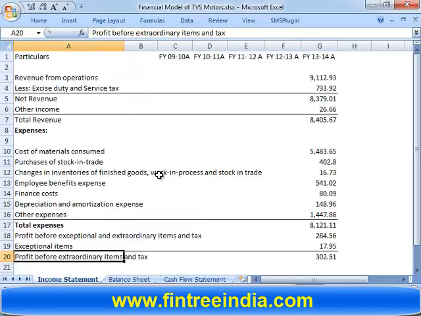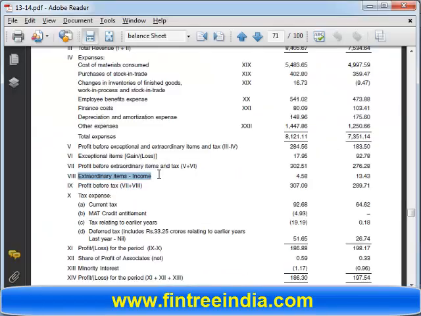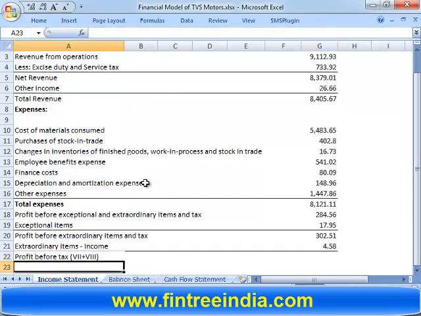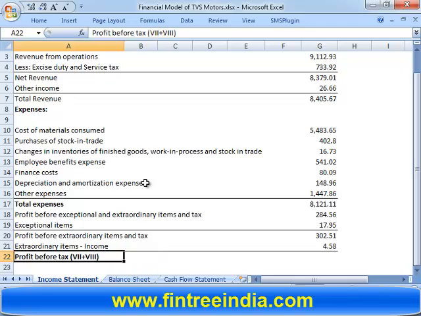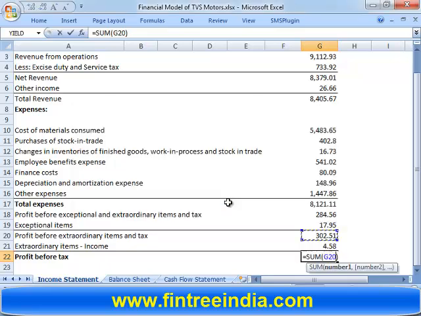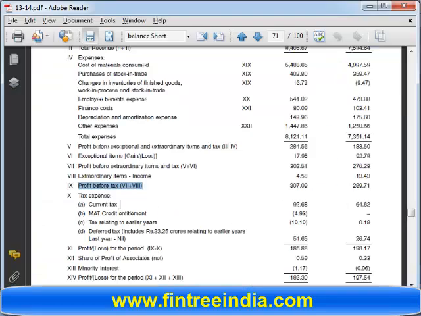Extraordinary items income. Profit before tax. Tax expense.